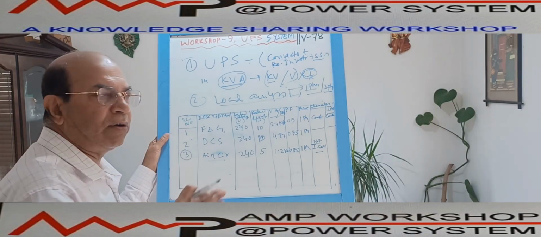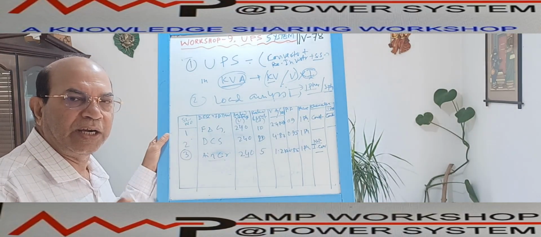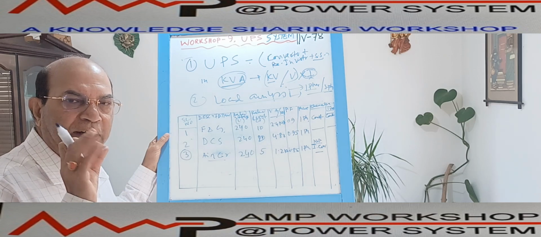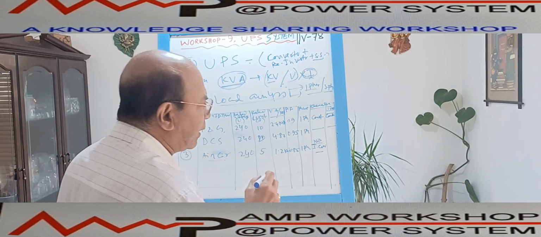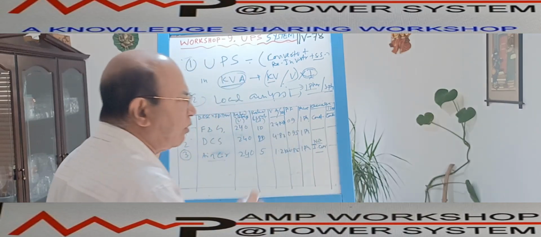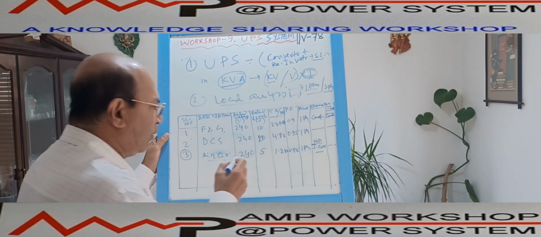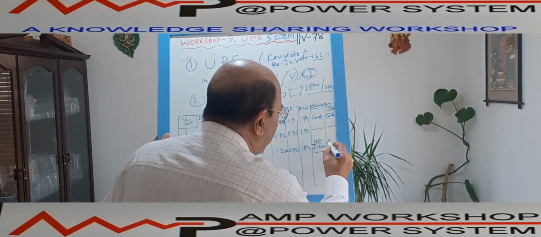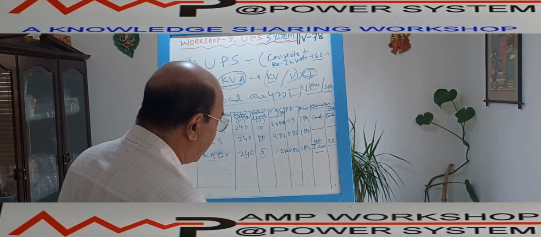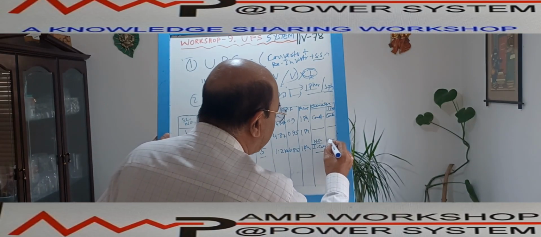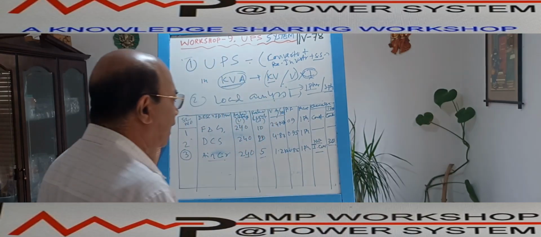This fan will be running continuously, but the inrush current lasts only during the start. So we have to note down the time and these characteristics. Current is constant except at starting time. At starting, I may consider the inrush current 5 times, which means 25 ampere. Or if it is a small motor, it may be 6 times, so we can consider 30 ampere as the inrush current. That is what we have to consider.